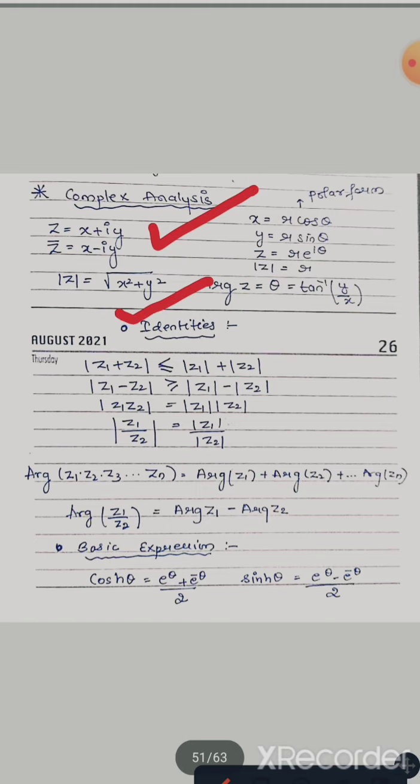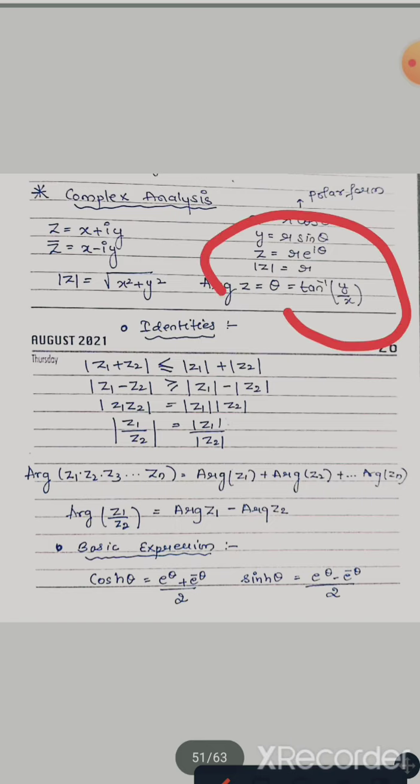If you want to represent this x and y in polar form, then x is written as r cos theta and y is written as r sin theta, where z is equal to r e to the power of i theta and modulus of z is r. And to know the argument of z, that is equal to theta and that is equal to tan inverse of y by x. This is the basic thing you should know about complex analysis.